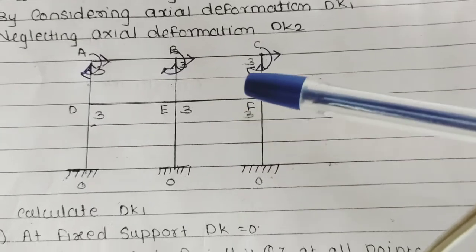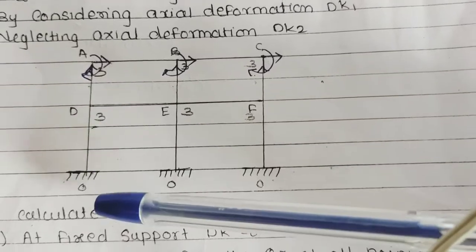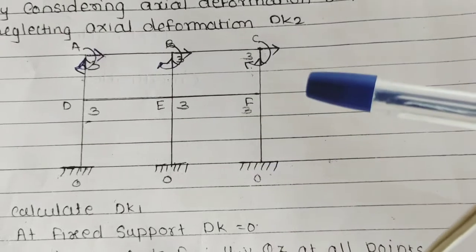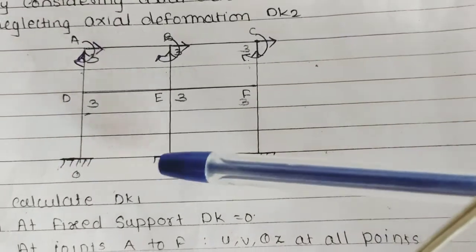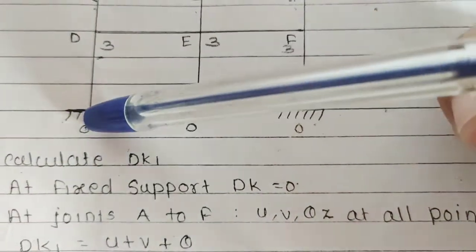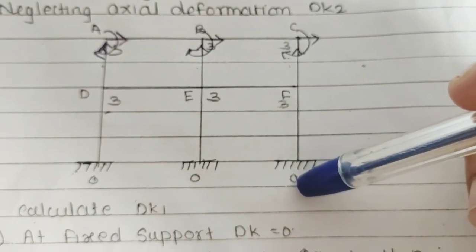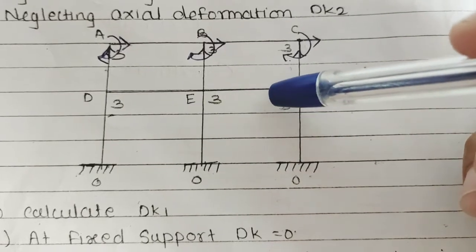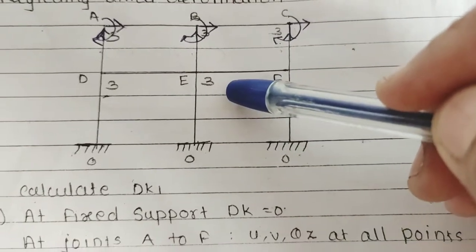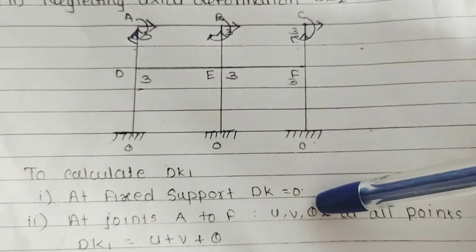You have to count all the displacements for the rigid joints in this portal frame, as well as the number of releases or degrees of freedom for the supports. As here the 3 supports are fixed supports, hence at the fixed support there is no release. Only for the rigid joints you have to count the number of releases and add them, and that is the degree of kinematic indeterminacy with axial deformation.